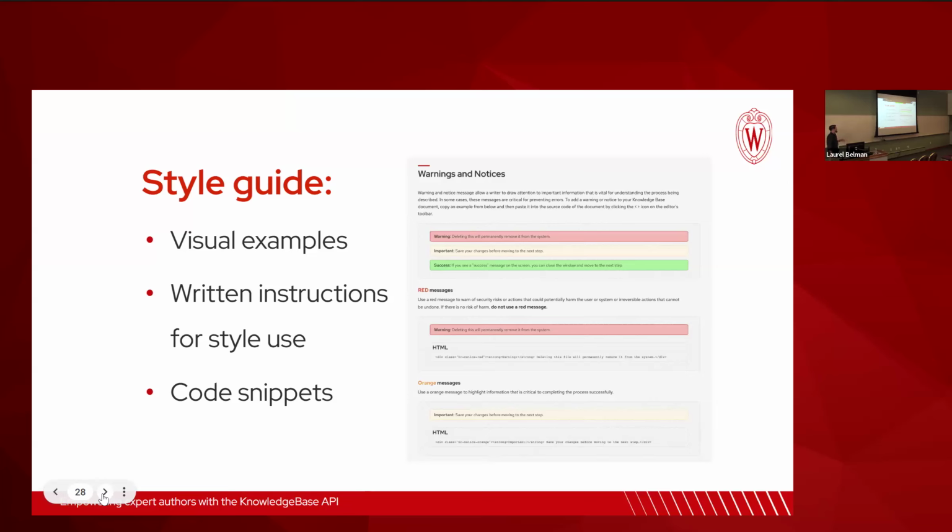A really powerful component to this was our style guide. What our style guide did was it provided examples of the visual layouts that the SME teams could use when they're producing these documents, and provided easy to use copy and paste snippets of HTML that they could paste into place.